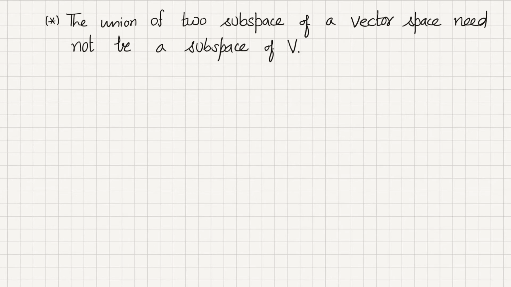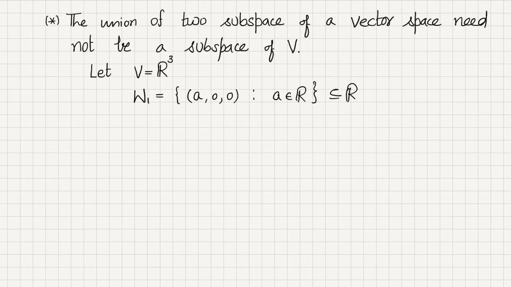So let us see with the help of an example. Suppose we take the vector space V as R3, and W1 is the collection of all elements of the type (a, 0, 0), where a is any real number. This will be a subspace of R3, and you can check it very easily.